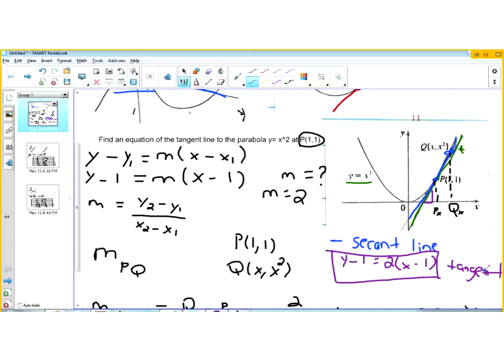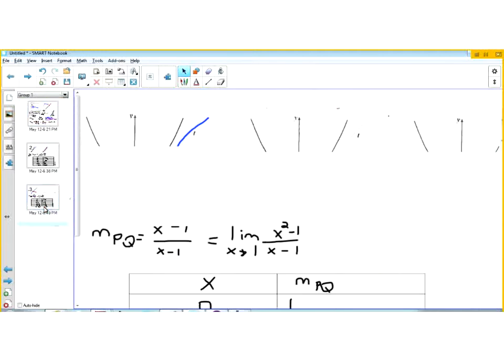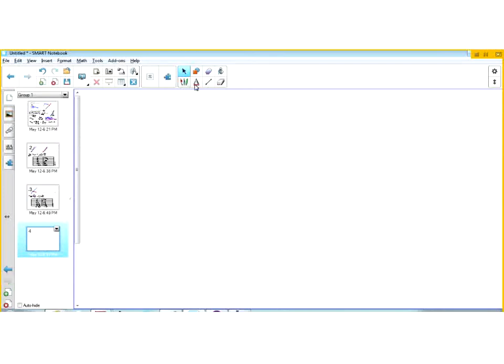Okay? All right, so we can do an example, say a carryover from physics. So let me open up a new slide, and I'll type in the problem from physics.